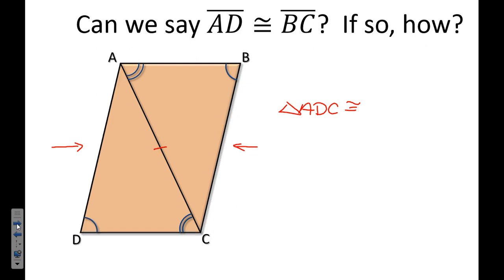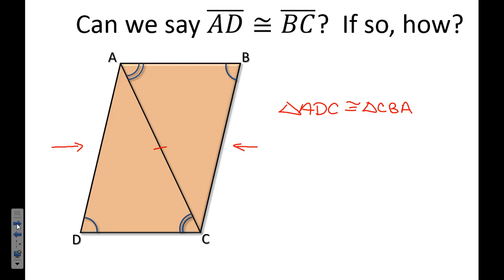You started with A, which has no mark, and went to DC, so we have to start with C and then CBA. Okay, so these two triangles are congruent.